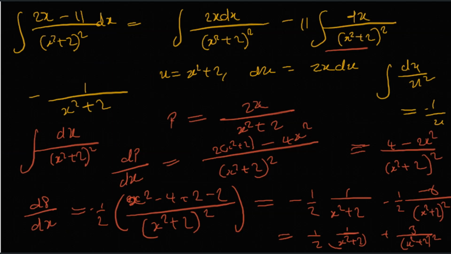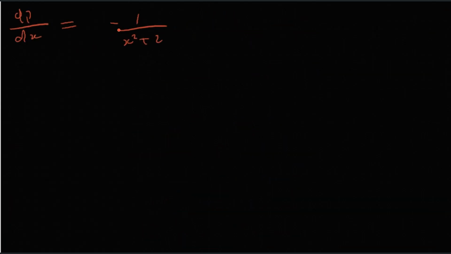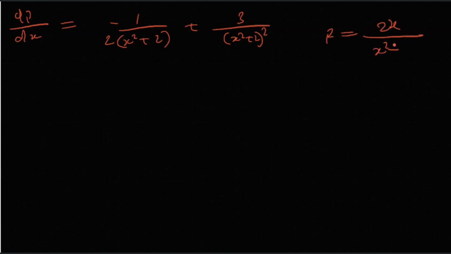Alright, so what we'll have is that dp dx will be negative 1 over 2 times x squared plus 2, plus 3 over x squared plus 2 all squared, where p is 2x over x squared plus 2.